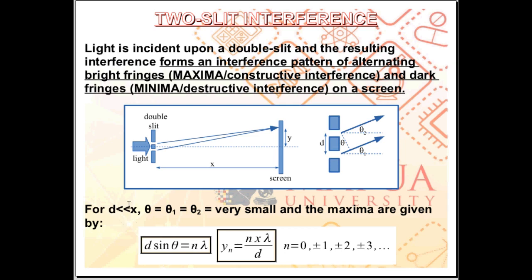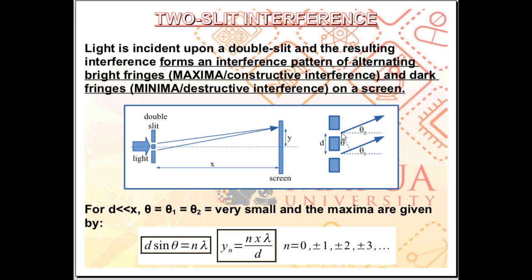For d very much smaller than x, d is the distance between the two slits. Slit 1, slit 2, the distance between them is d. And x is the distance from the double slit to the screen. If d is very much smaller than x, that would result in the angles being very small. The angle is basically the angular location of the point on the screen with respect to the double slit.